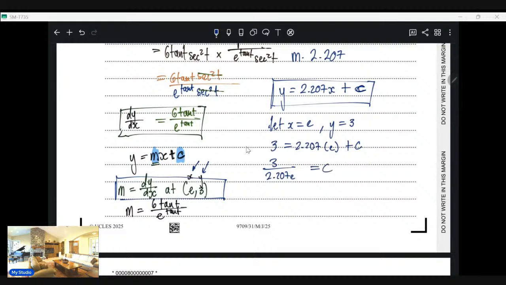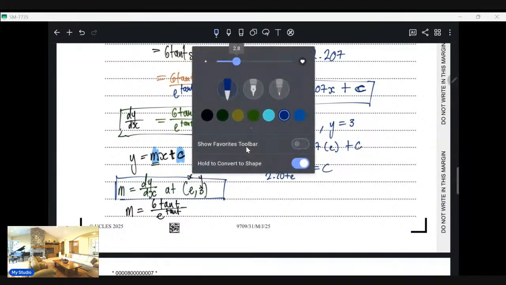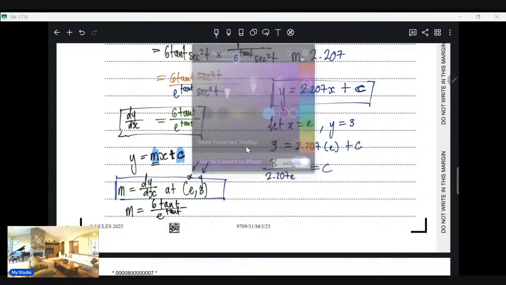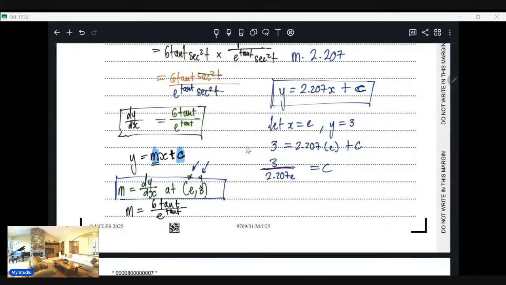What is the answer? What is the answer here? What answer do you finally get? 0.6091.